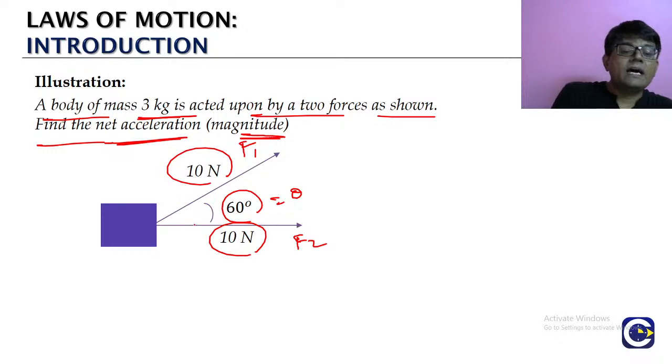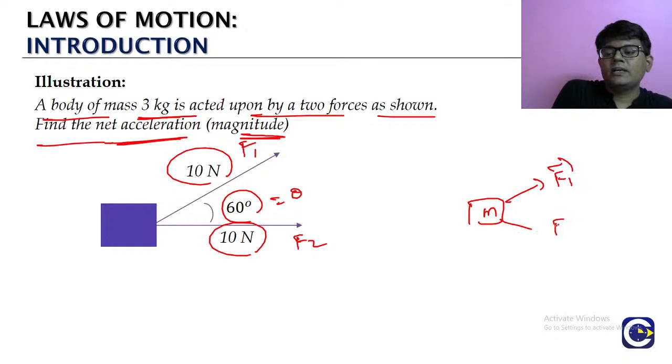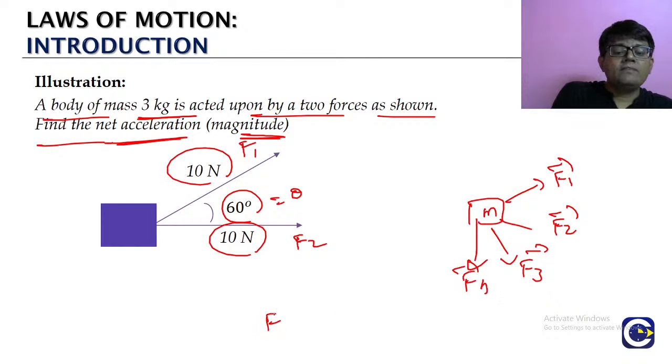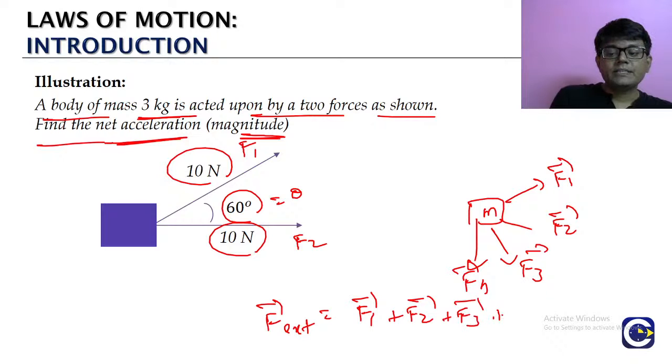If there are multiple forces acting on the object, like in this case F1, F2, maybe you can have another force F3, maybe one more force F4, like that. When we say external force, in case of multiple forces acting on the body, we are going to consider the total value of all the forces, meaning the resultant of all the external forces acting.